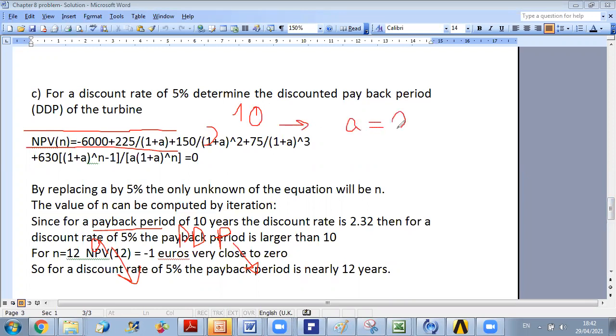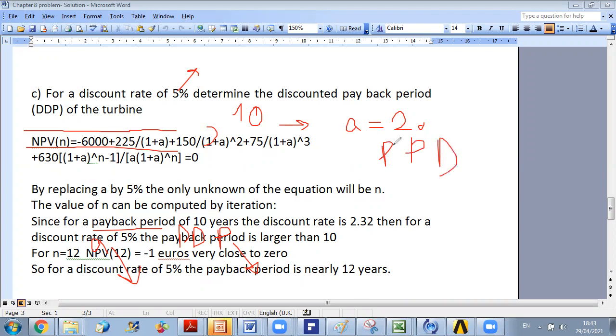So what do you expect now that we increased the discount rate to 5? What will happen with the payback period? It will increase. Exactly, it will increase. So now we keep in mind that the payback period will be higher than 10.